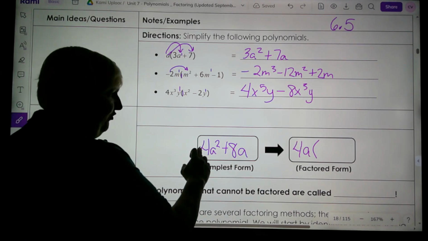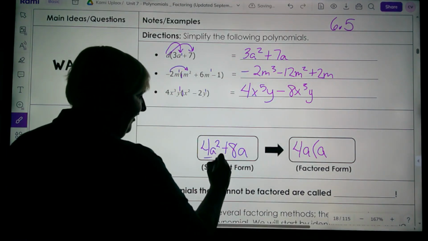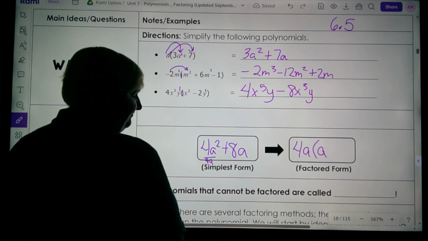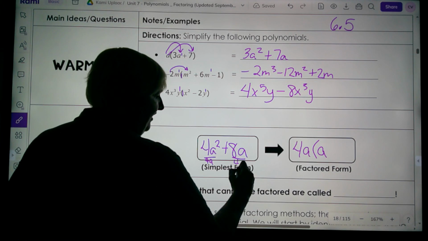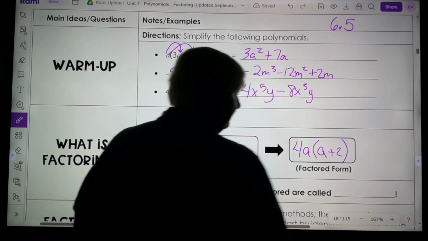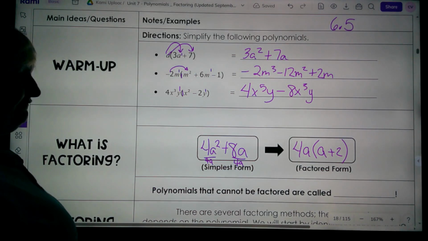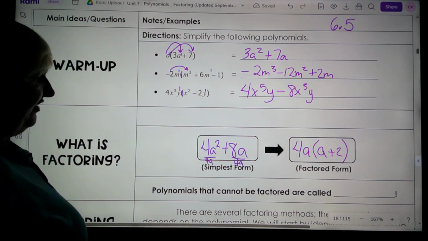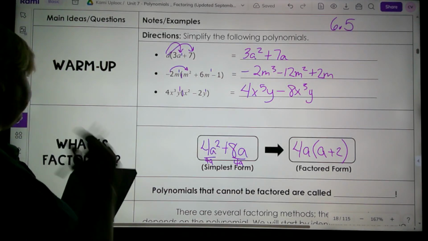If I take 4a out of this, I'm left with a, right? If I divide this by 4a, I'm left with a. And if I divide this by 4a, I'm left with a positive 2. I factored it out. I thought about what I could divide out, right?